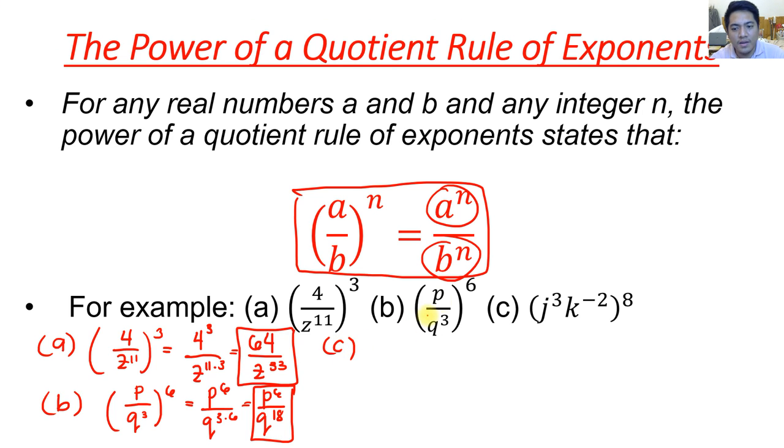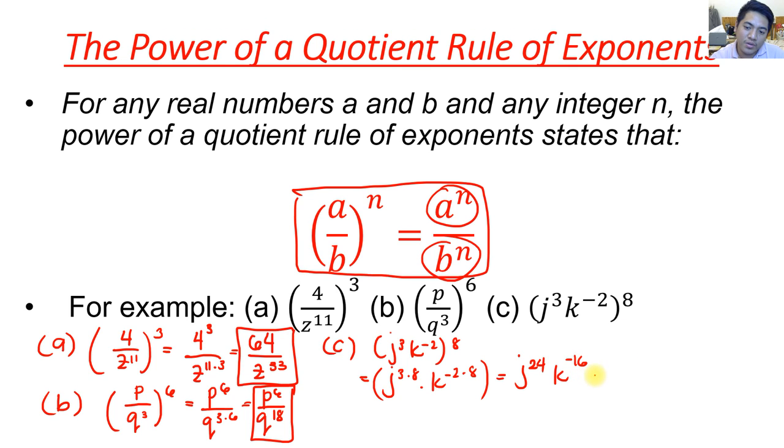For letter C, we have (j cubed k raised to negative 2) raised to 8. If you distribute that, we have j cubed multiplied by 8 and k raised to negative 2 times 8. So you have j raised to 24 and k raised to negative 16, and we get the reciprocal of this.